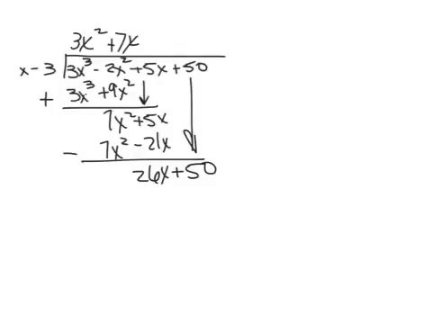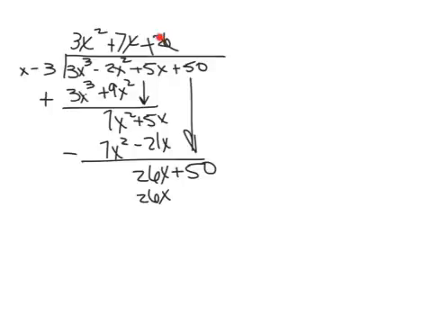Okay, now we start again. X goes into this. One less, we're going to take one x away, and when we take one x away, we have no more x's. So 26. Now we take 26 times x, and again we get the exact same thing.